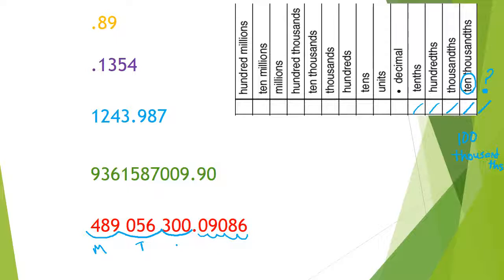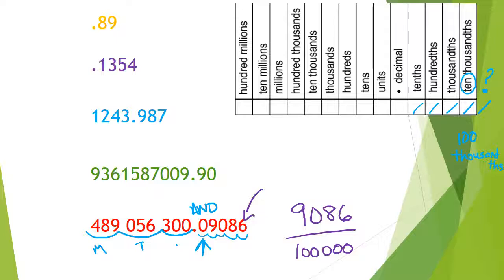Okay, so we have 489,056,300, and again, ignore that 0. We're not going to talk about it. We are going to name our decimal by the last place guy who happens to be in the 100,000 column. So, and 9,086, sorry, 100 thousandths.